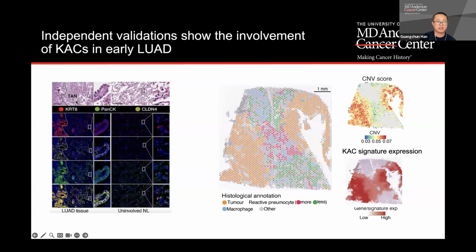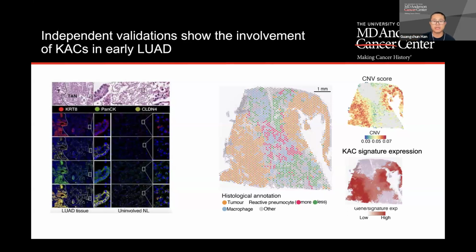And the interesting finding from this DSP analysis is not only are we able to validate the marker gene expression in the tumor area, but also we found that those markers of CAC cells were relatively enriched in the tumor adjacent areas, but not in the involved normal lungs. So this is very interesting because it gives us more clues if we consider the features of proximity of those marker genes, and it also indicates the potential involvement of those CAC cells in the early stage LUADs.